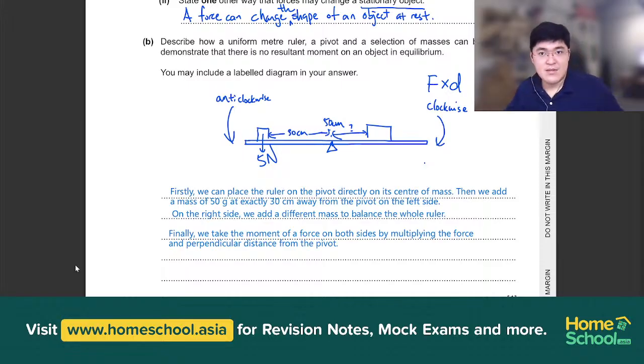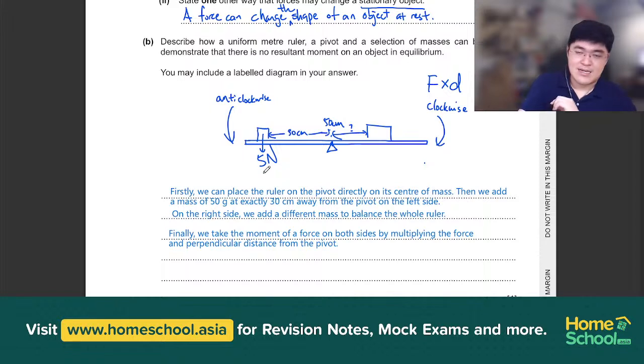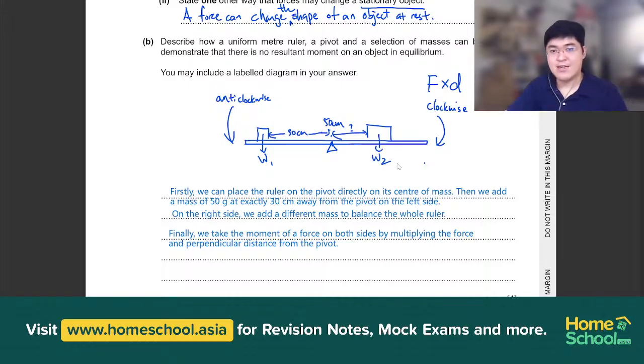Or should I say, no, it should not be 5 newtons. We just add the mass first, and then we multiply mass by 9.8 to get a certain force, basically the weight of the mass. And this is weight 2, a different mass.